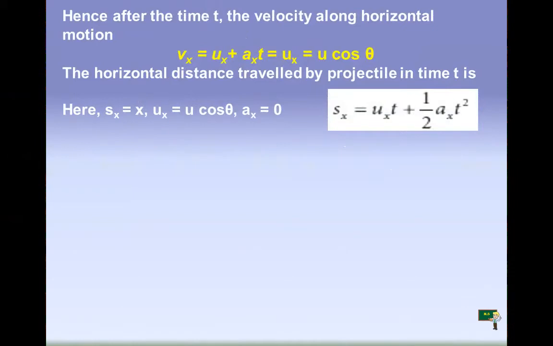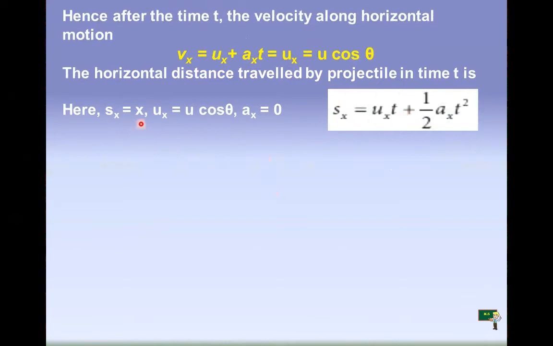Hence, after a time t, the velocity along the horizontal motion is Vx = ux + ax into t, where ux = u cos theta. Now the horizontal distance travelled by the projectile in time t, from the equation of motion, is Sx = uxt + 1/2 ax t².